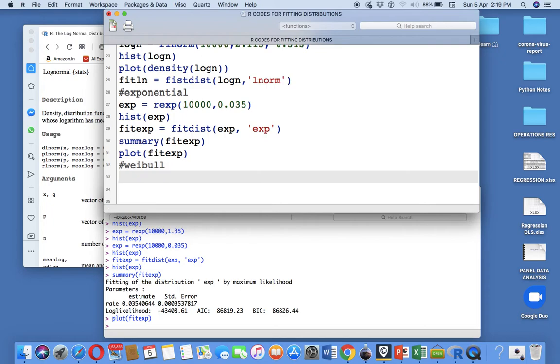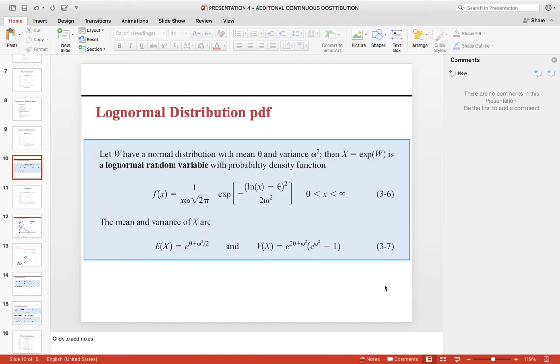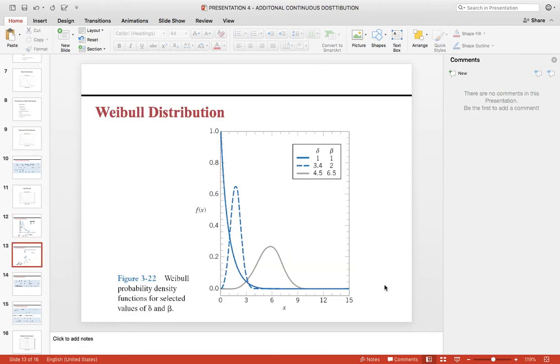Okay, so first, as I said, Weibull equal to R Weibull, 10,000 observations, and we just have a look at what is a Weibull distribution. So we have the Weibull distribution. The Weibull distribution also is a specialized distribution.